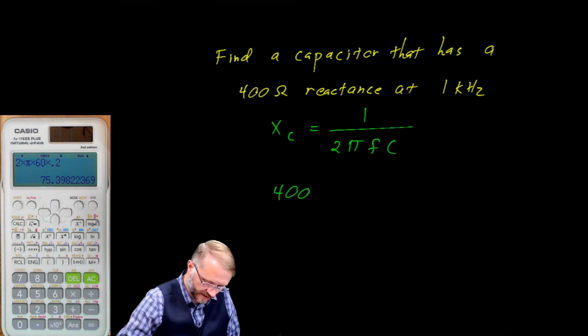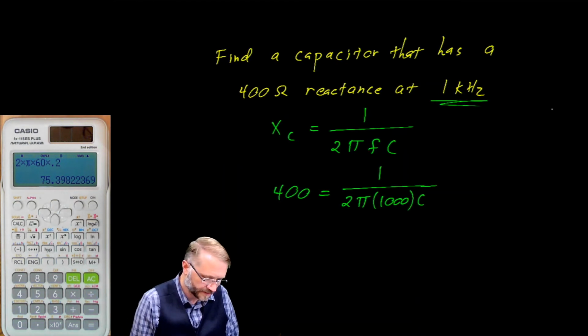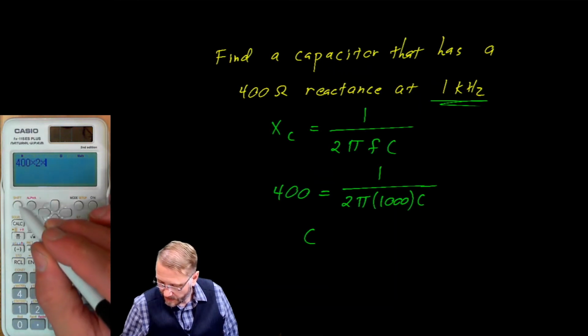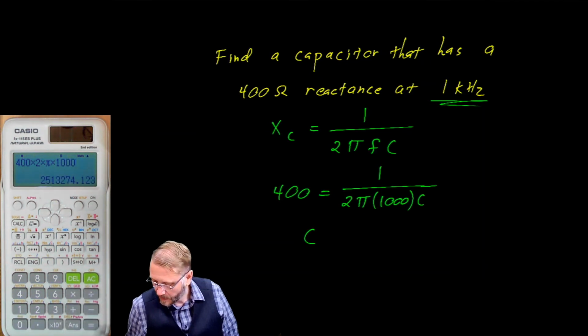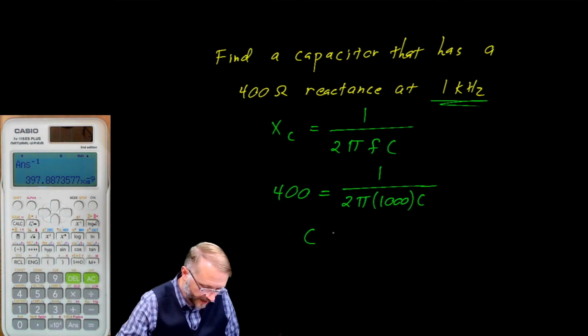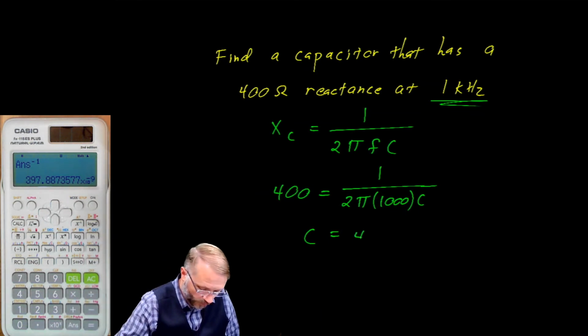So 400 is equal to 1 over 2 pi 1000 C, because this was 1 kilohertz. We could solve that as 400 times 2 times pi times 1000. And then we invert that. Shifting to engineering units, we would say that the capacitance is equal to approximately 400 nanofarads.